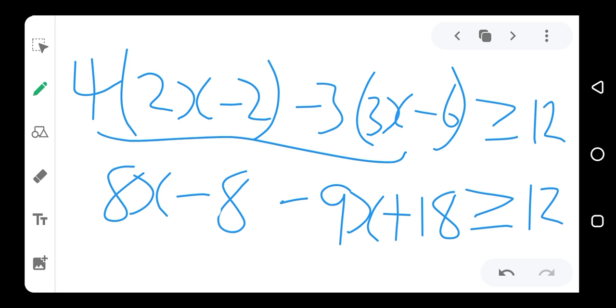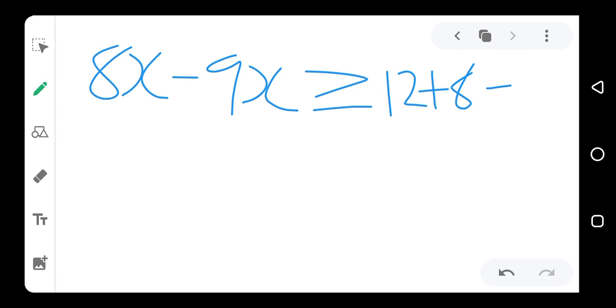And this is plus 18 here, so if it is coming to the other side it becomes negative, so minus 18. Okay, so 8x minus 9x will give us minus x. 12 plus 8 will give us 20.